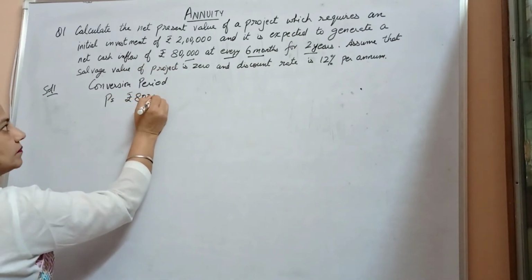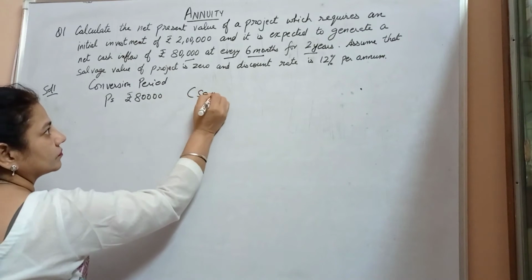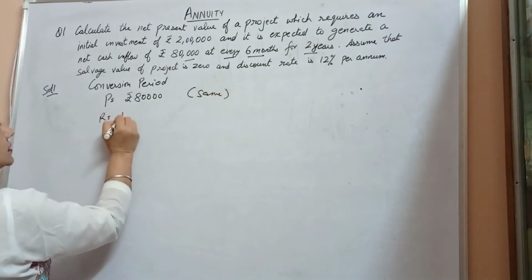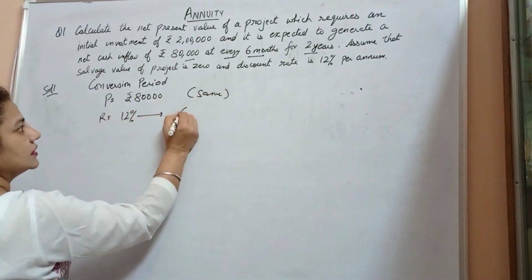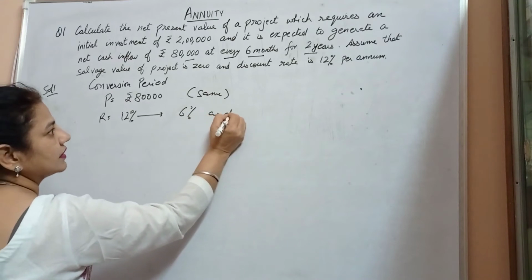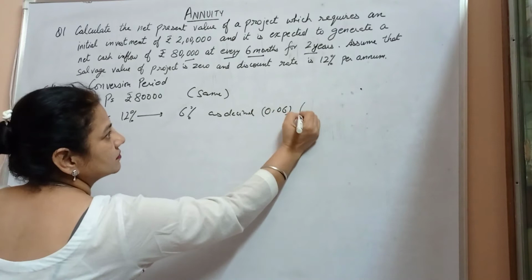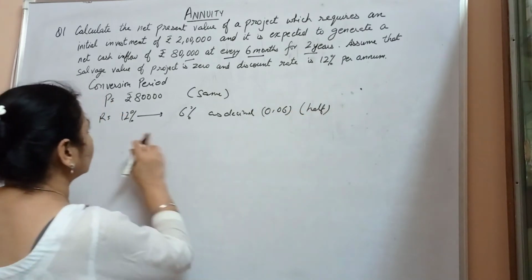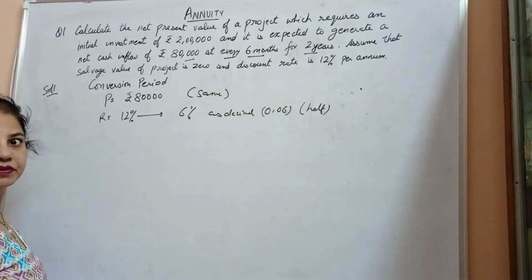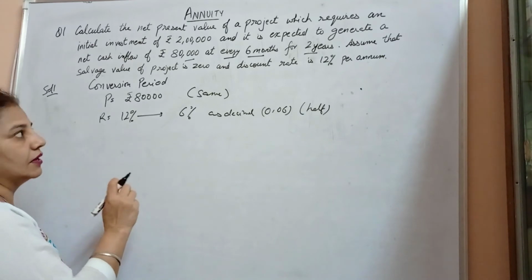It remains the same. And the rate of interest is 12%, which becomes 6%. As a decimal, it is 0.06, because the rate of interest becomes half in the conversion period when it is compounded semi-annually.